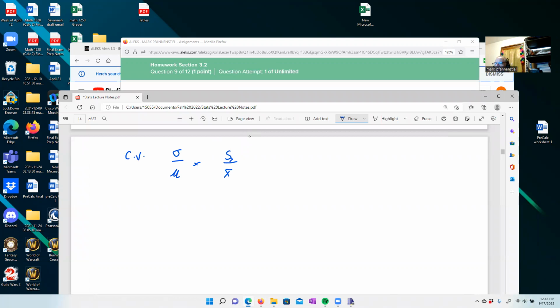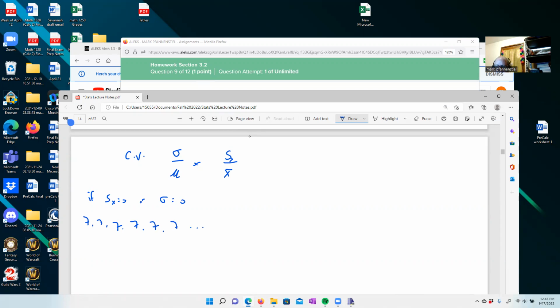The reason I don't like this particular measure is that it is possible to have a standard deviation of 0. If your sigma is equal to 0, your data set is going to look like 7, 7, 7, 7, 7, 7.